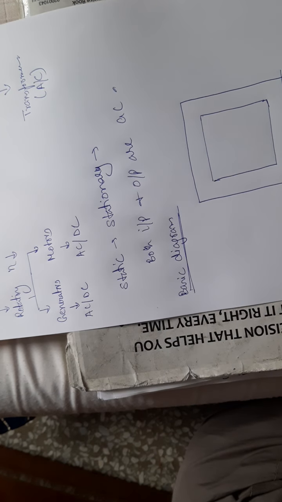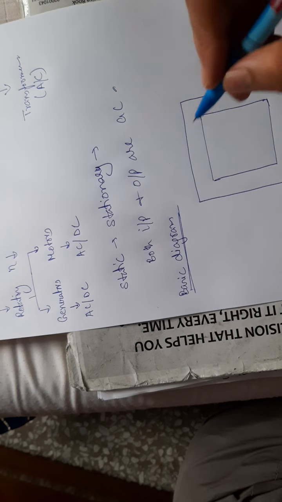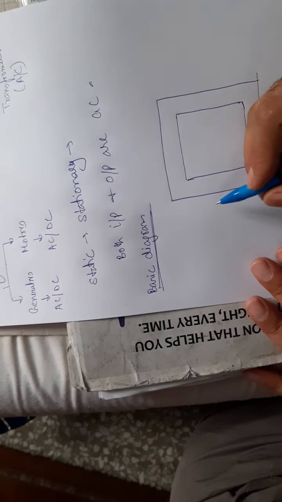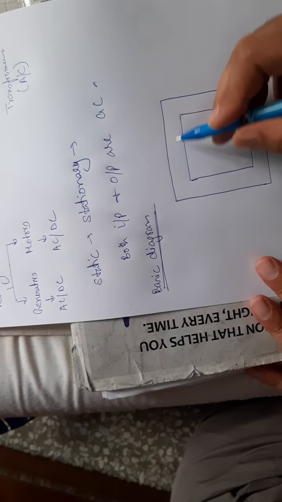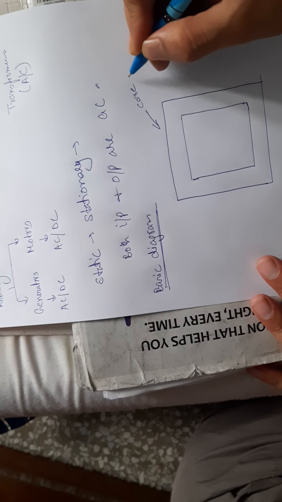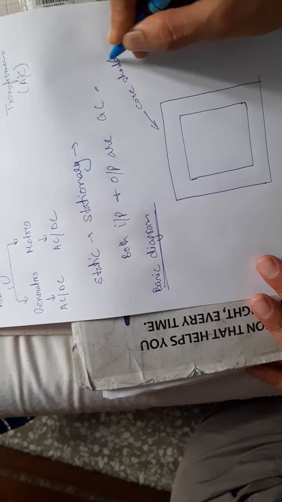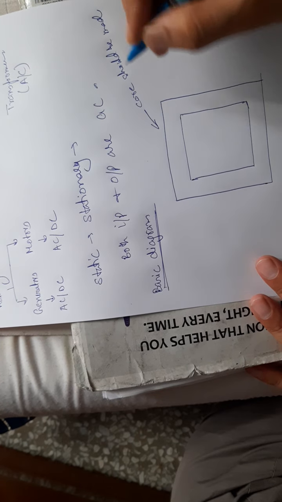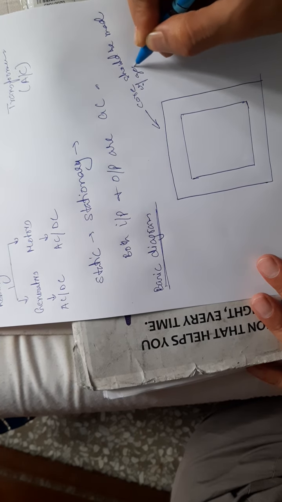So this is my core. Since the flux generated by the primary winding has to pass through this core, this core should be made of good magnetic material.